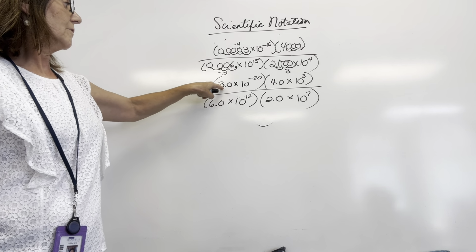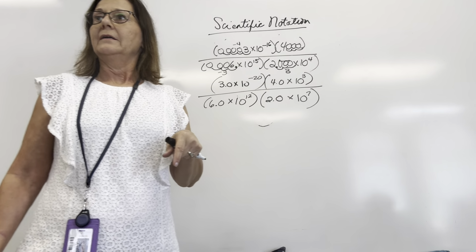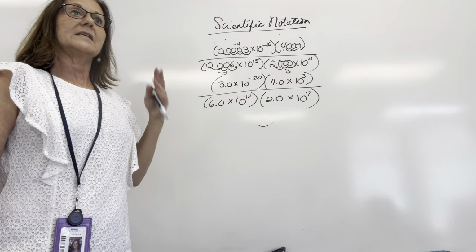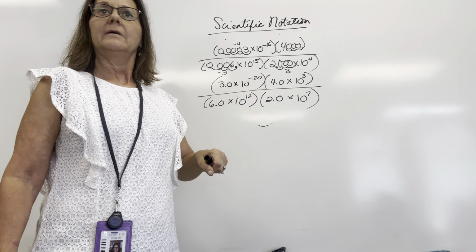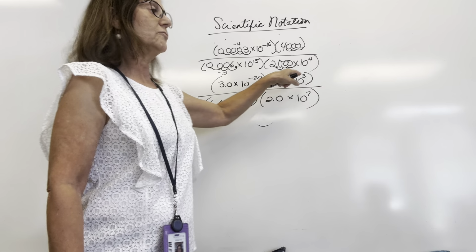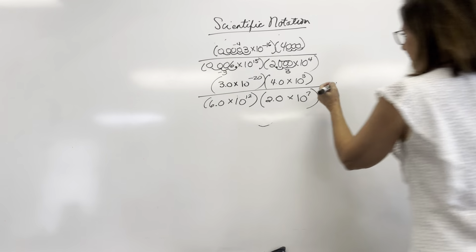All right. The numerator: 3 times 10 to the negative 20 times 4 times 10 cubed. Does it matter if I say 3 times 4 times 10 to the negative 20 times 10 cubed? It doesn't matter, so I can separate them. That's what I'm going to do.